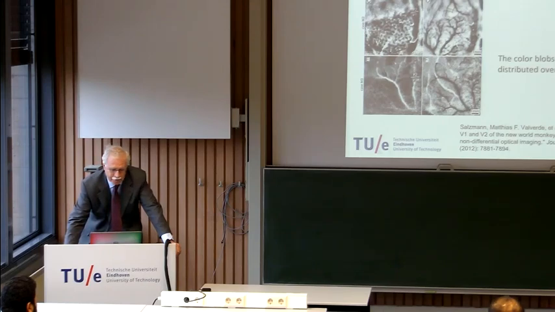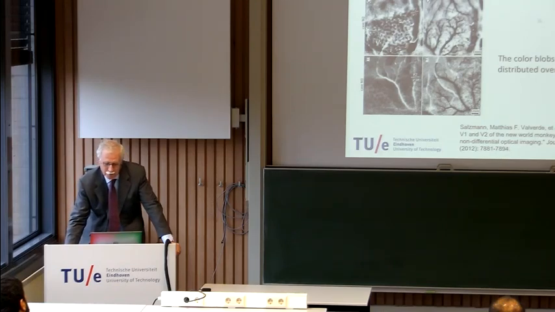And these blobs are found by staining. This is the cortex, and it was stained. It's in a monkey. It's from a paper, New World Monkey, Callithrix jacchus. And here you see the cortex, and it's pretty amazing. There are actually only several dozen of these cortical color blobs, and they were found by staining with cytochrome oxidase.